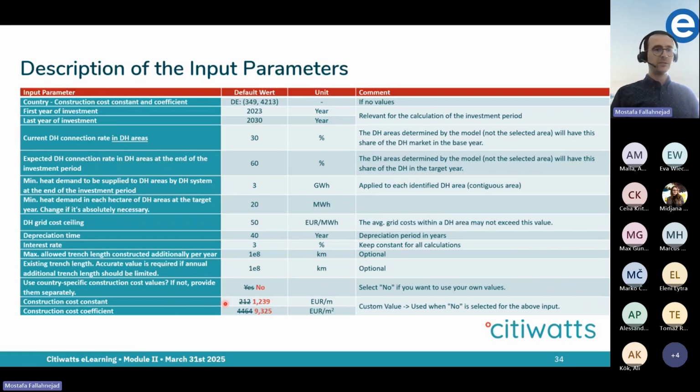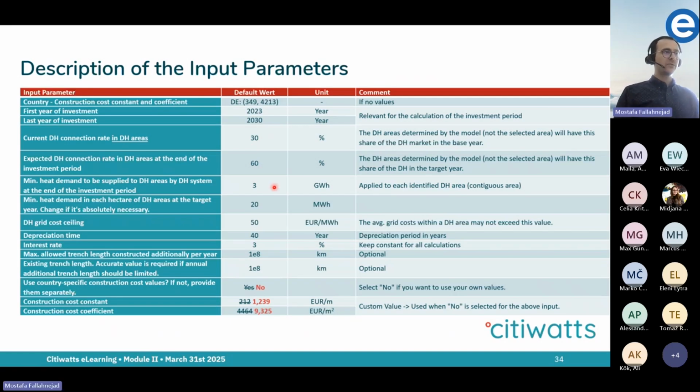I will come to that point. Then you need to provide the first year and last year of investment, which are relevant for defining the time horizon over which the expansion happens. Then you need to provide the connection rate in the current state and also the connection rate that you want to reach.